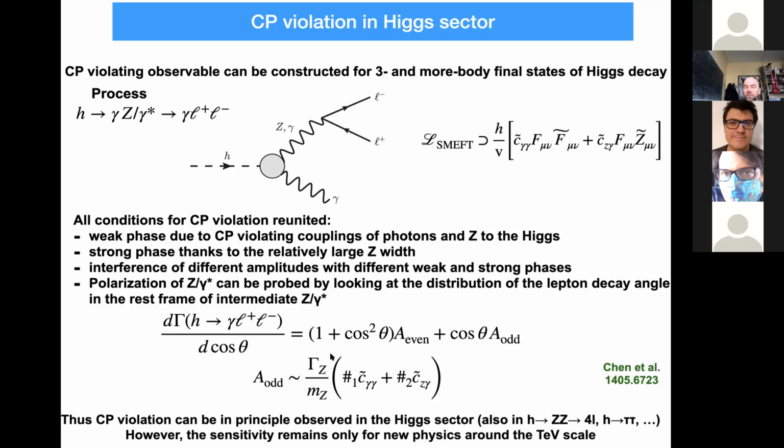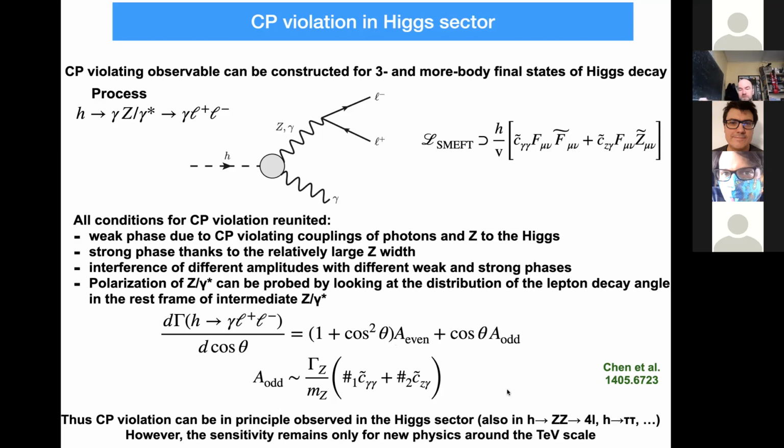The CP odd amplitude will be proportional to gamma Z over mZ, which is the strong phase that you need to get CP violation. And then there is also this dependence on the weak phases. If you want the details, they are given in this paper. So in principle, you can search for CP violation.